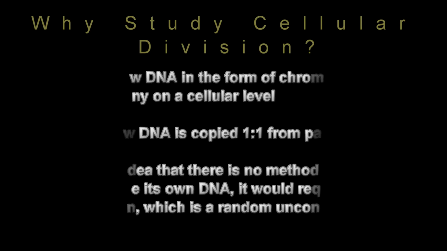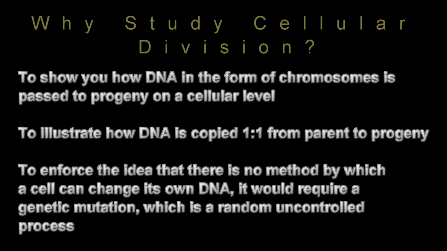And lastly, with cell division and also with studying DNA, I want you to understand that DNA information is preserved perfectly, with the exception of mutations, which I'm going to cover in my next video. All that information has to be kept true to its original sequence, and there's no machinery in the cell to change that information.